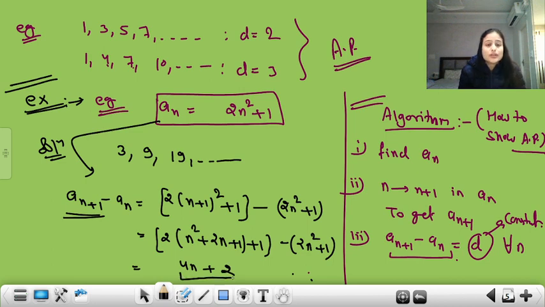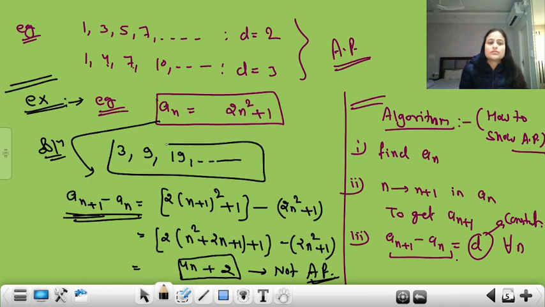So look at it here, students, this difference is 4n plus 2, that is, the difference depends on n. For different values of n I will get different values of this difference. So this implies the given progression is not an AP, that is, this is not the general term of an arithmetic progression. Clear?